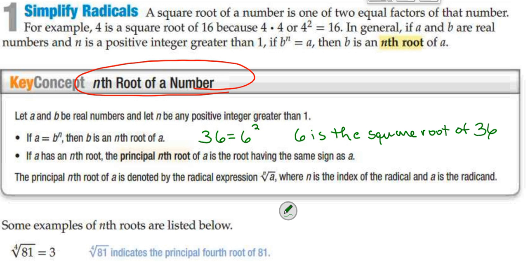We know we can do that with i, but in this case, when it's an even index, the principal root has to be positive. But if it's an odd power, it can be negative, do you agree? So the principal nth root of A, if A has an nth root, is the root having the same sign as A.